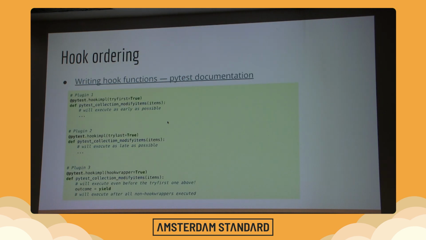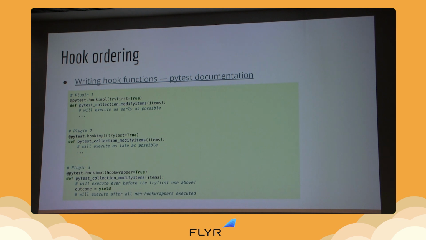Yeah. Also, Pytest is a set of plugins, and we can add our modifications, and we can also install some third-party plugins. So maybe for some reason we would like to control the order, the sequence, in which those hooks are executed, so we can do it as well with some parameters like try first or try last.